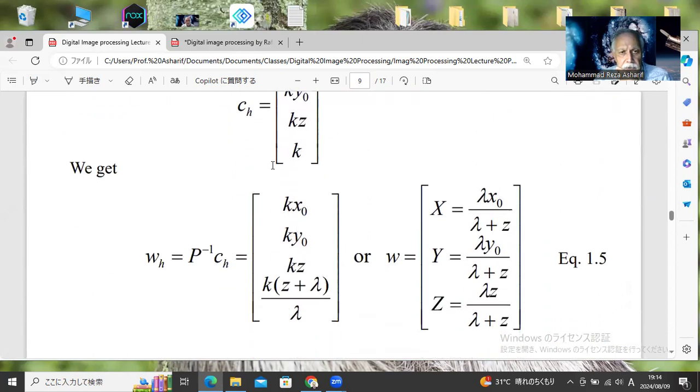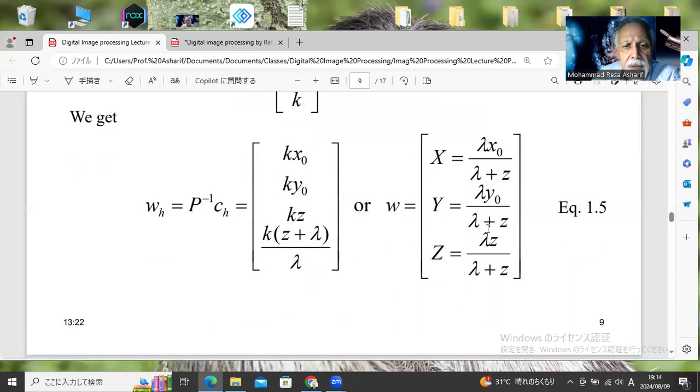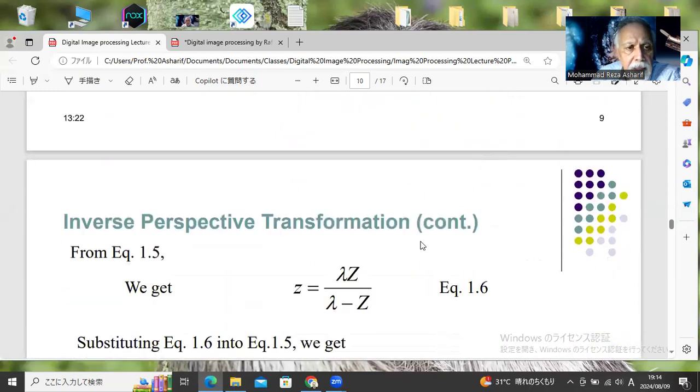After using z, multiplying by P inverse, we get the world coordinate in homogeneous form, and then dividing each coordinate by the last coordinate gives the world coordinate in Cartesian form.